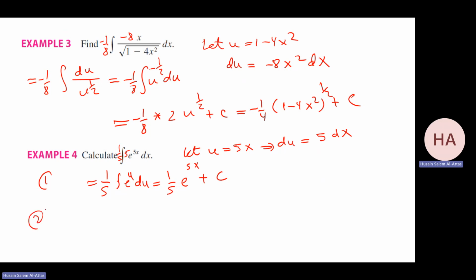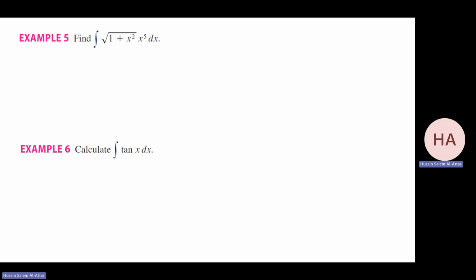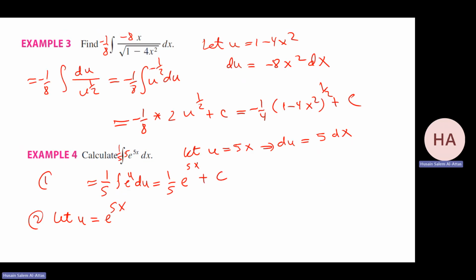The second way, I let u equal e to the 5x. What will be du? Du will be 5 e to the 5x dx. So for the integral, I put 1 over 5 and 5 to make it easier.